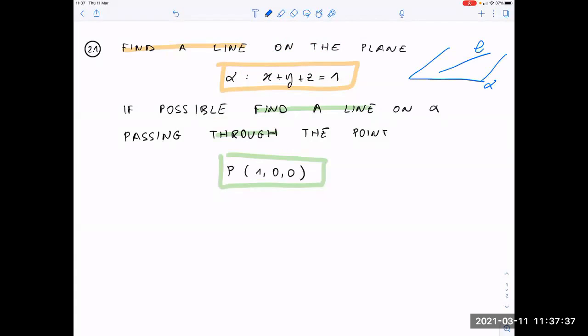Can you find equations for this line, either Cartesian or parametric? Once that's done, you have to do the next one. You have alpha, and then there is some point P somewhere, and you want to know, can I find a line going through P and lying on alpha? So say 2 minutes from now to do this, and let's see what you can do.